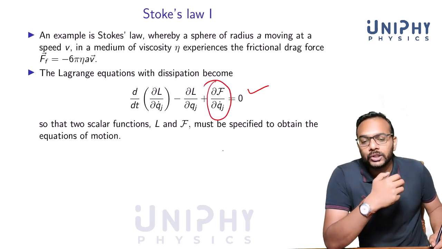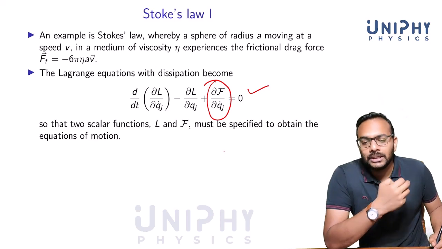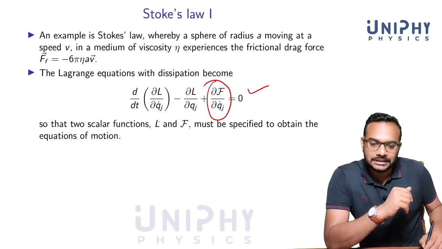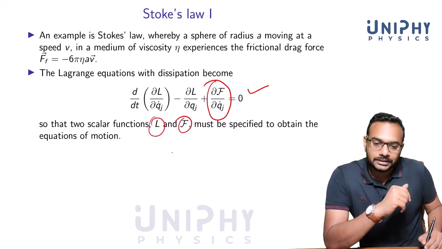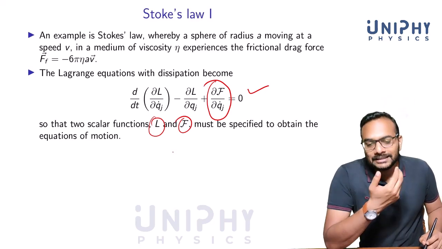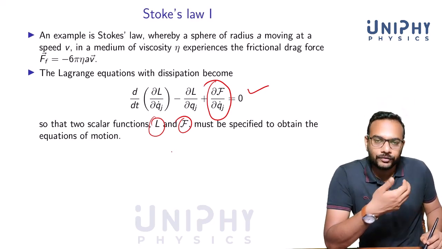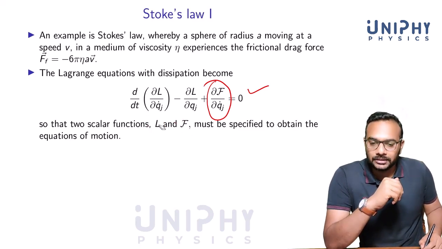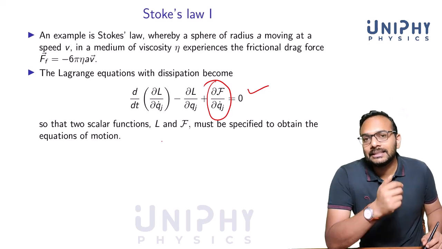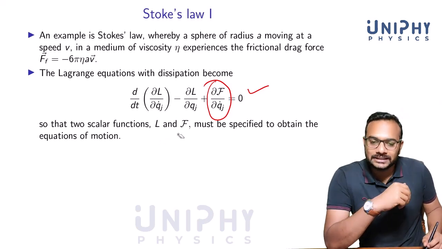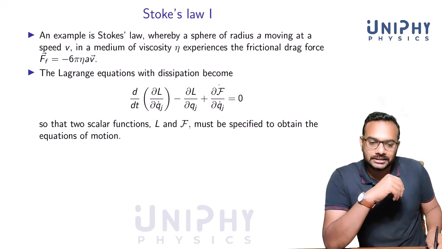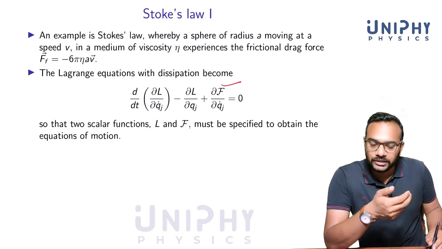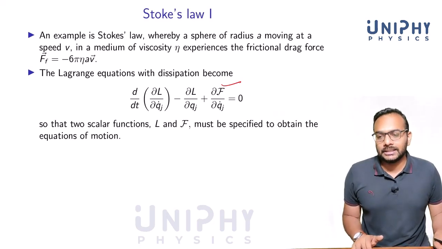So in order to get the equation of motion here, you will need two scalar functions, the Lagrangian and the dissipation function. The basic idea is that you need to have some idea of what kind of dissipation is acting on the system, or what other influences are acting on the system. That information has to be furnished in order to get the complete equation of motion.